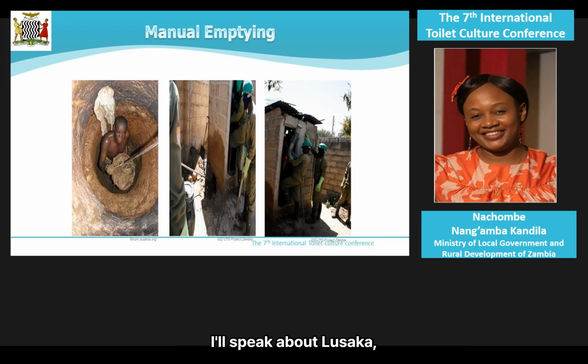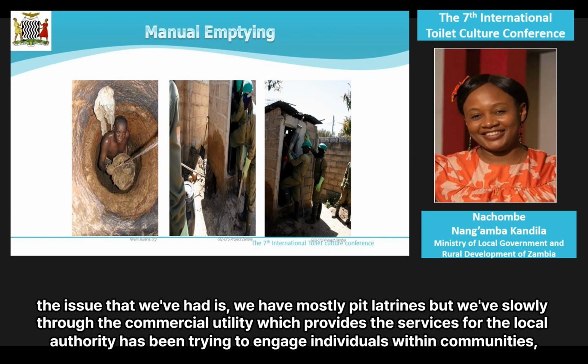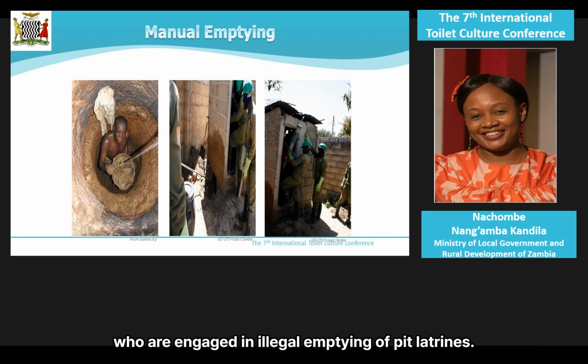Here, I'll speak about Lusaka. The issue that we've had is we have mostly pit latrines, but we've slowly, through the commercial utility which provides the services for the local authority, been trying to engage individuals within communities who are engaged in illegal emptying of pit latrines.